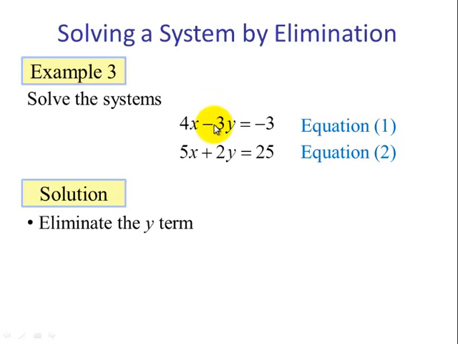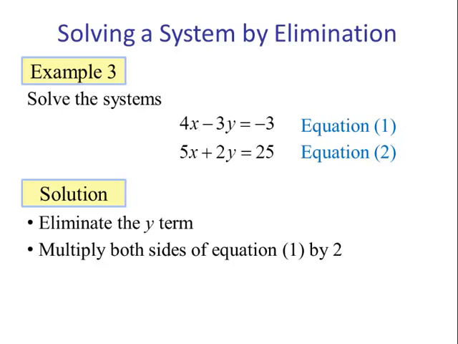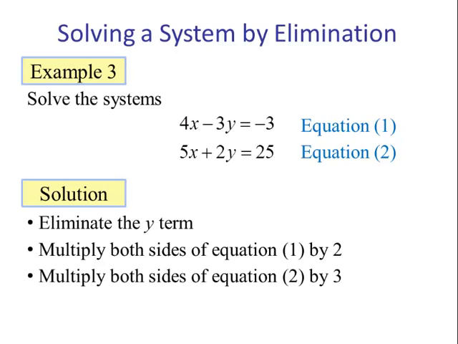So if we made this a negative 6 and we made this a positive 6, we could eliminate the y variable. So we need to multiply the first equation by 2 to make it a negative 6y, and then we need to multiply equation 2 by a positive 3 to make the y term 6y.